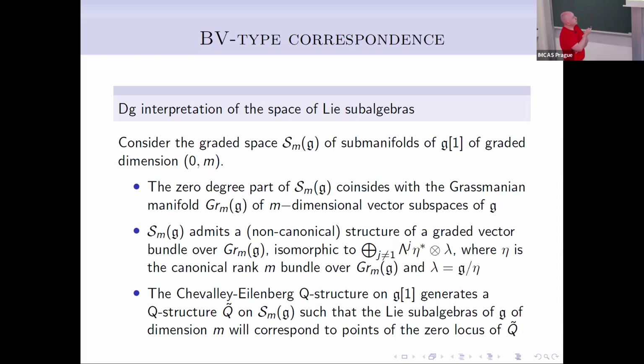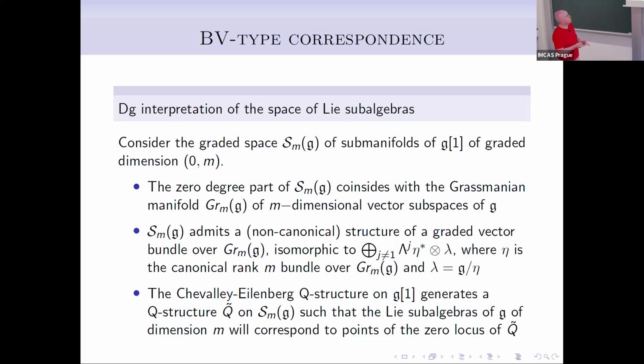Then the Chevalley-Eilenberg Q structure on G shifted by 1 generates a Q structure on this supermanifold, such that Lie subalgebras correspond to points of the zero locus of Q tilde. Again, it's a very simple example because everything is finite dimensional; you can just see how it works. It's not sufficient to consider only the Grassmannian, because the Grassmannian is already even, so if you restrict Q to even, it doesn't give you a DG structure.